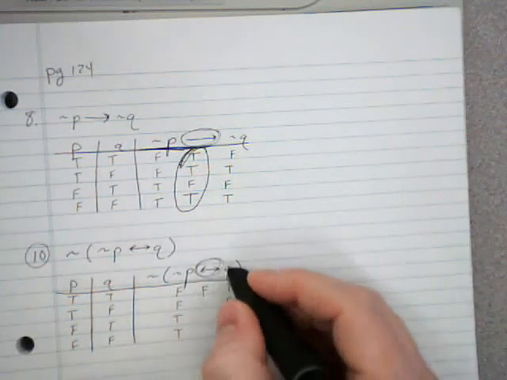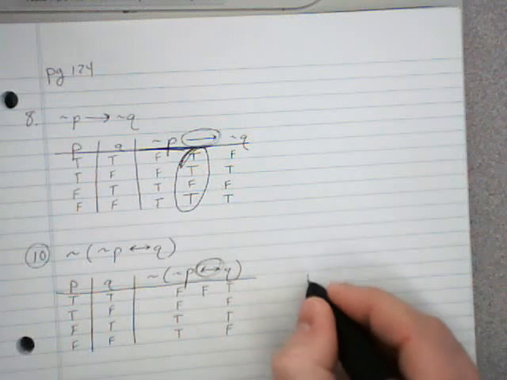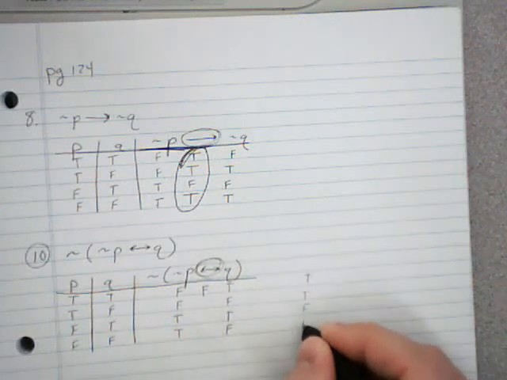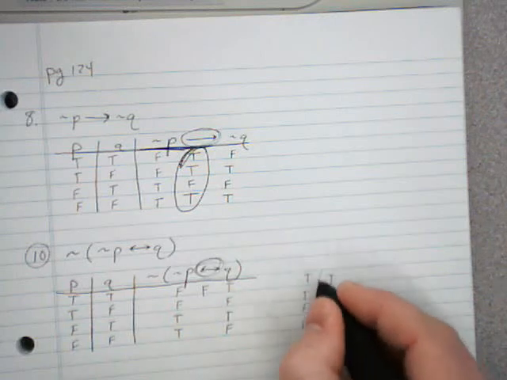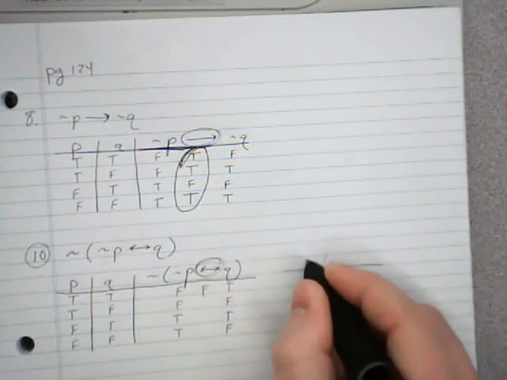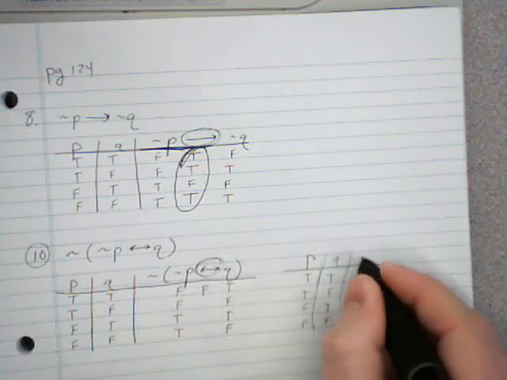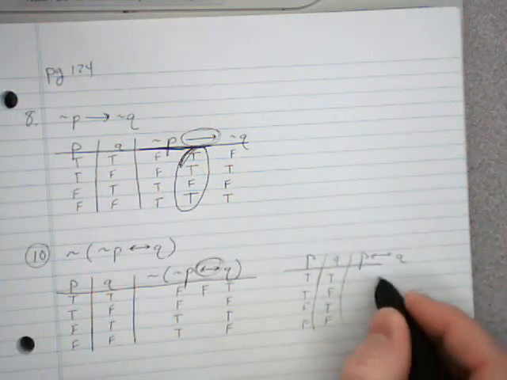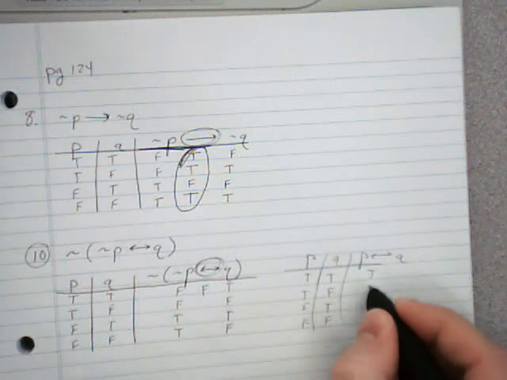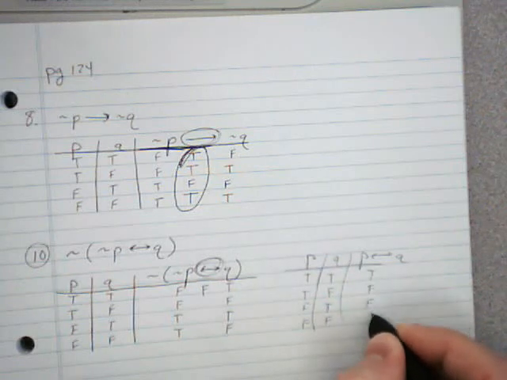So if you look at that truth table, I know it says true, true, false, false, and then true, false, true, false, right? Now what's that answer column say? True, false, false, true.